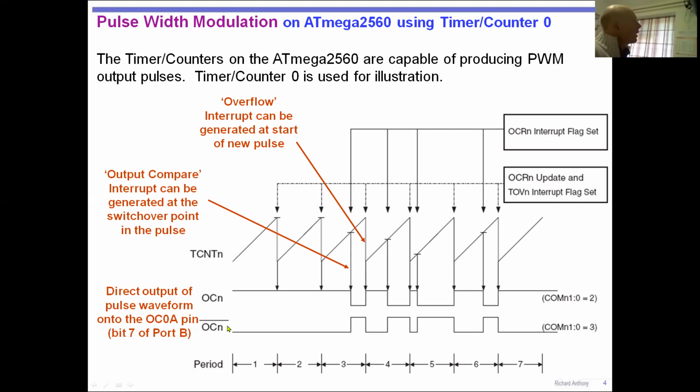Now, this line here is the most important on the slide. This is the timer counting. If you imagine time is running this way, which it always does, and this is the count value, it doesn't go from 0 to 1, does it? Let's say it's an 8-bit timer, so use timer counter 0.